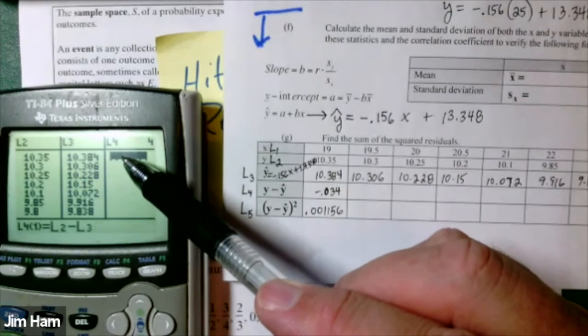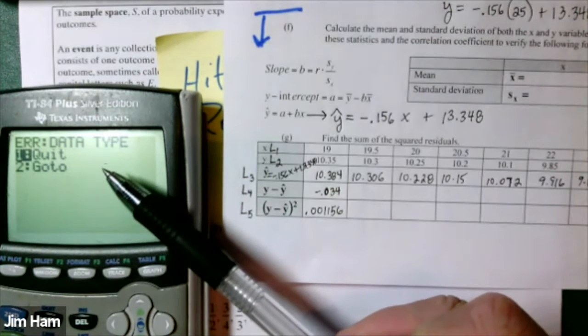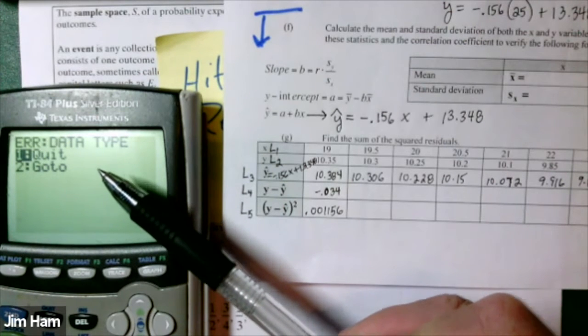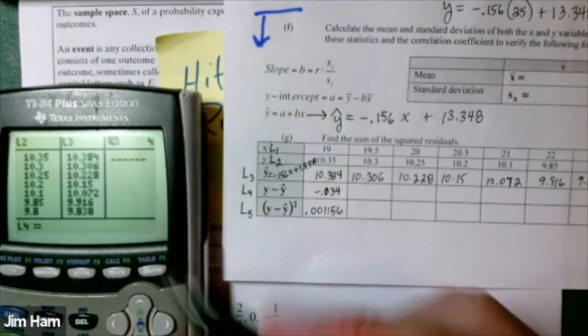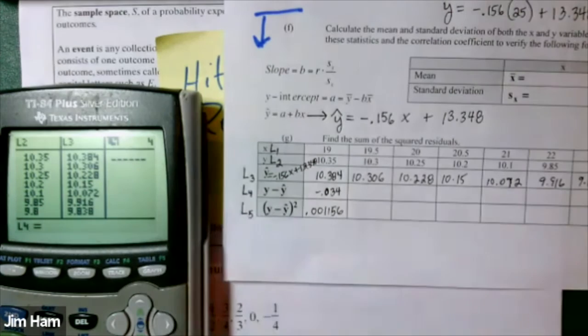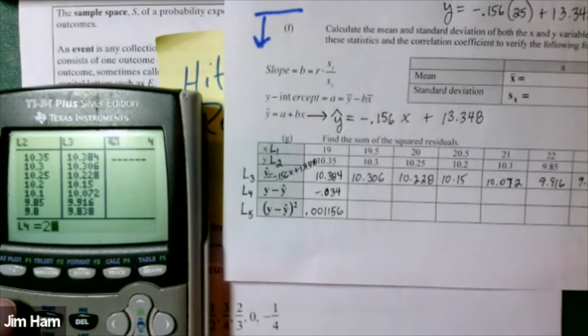It's expecting a number here, and I'm going to try to give it a list, and this is what you'll see. It's going to give you a data type error. So I'll clear this out. Now I want to go up and highlight L4. So once L4 is highlighted, then we'll do L2 minus L3.